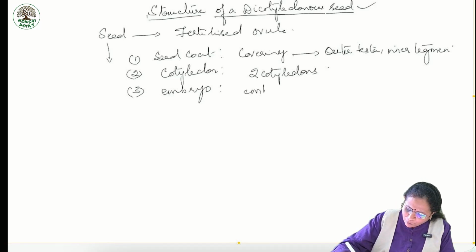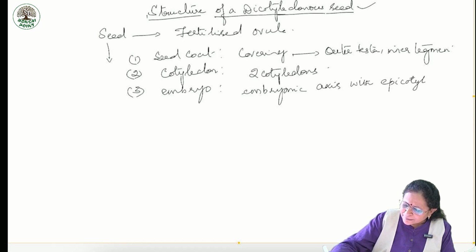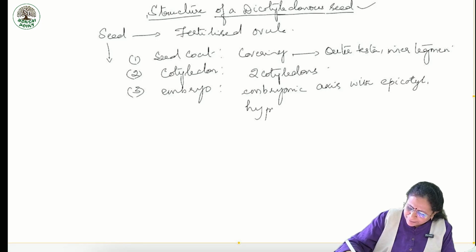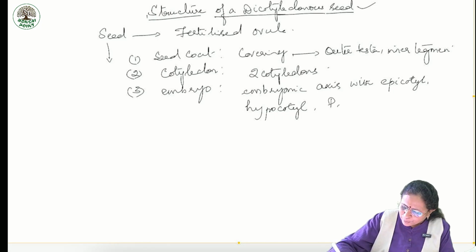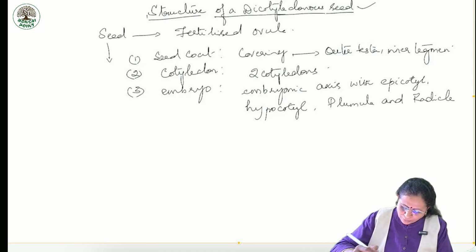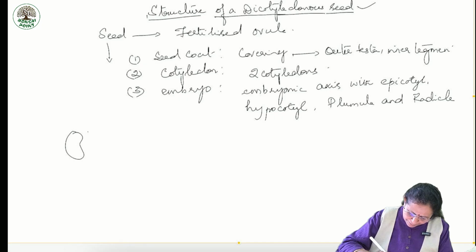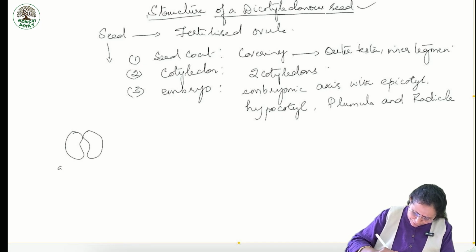The embryo consists of the embryonic axis with epicotyl, hypocotyl, and then plumule and radicle. Let us see what it is. See, these are the two cotyledons.